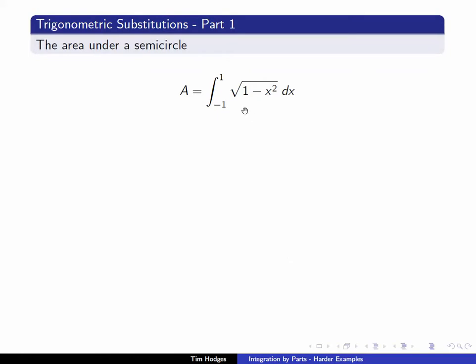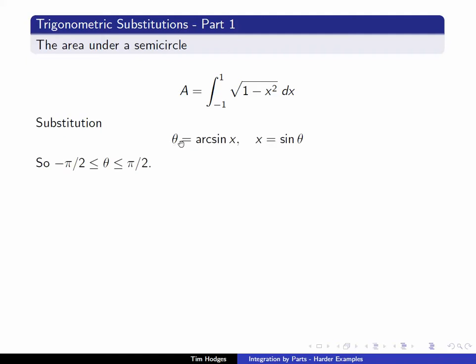Let's start with a simpler problem where there's no a's. Let's look at the area under a semicircle of radius 1. So this is the case a equals 1 from the previous page. Notice that this integrand is only defined when x is between minus 1 and 1. If it has absolute value greater than 1, this of course will be the square root of a negative number.